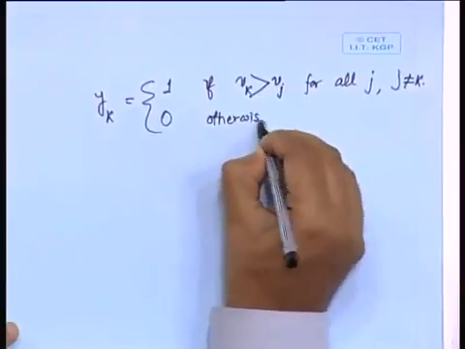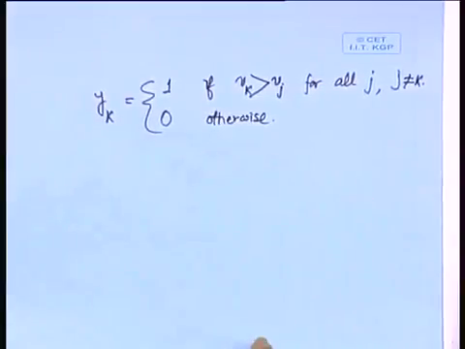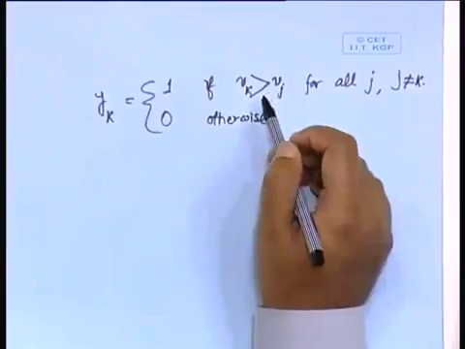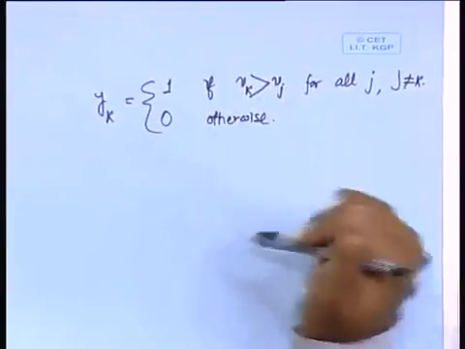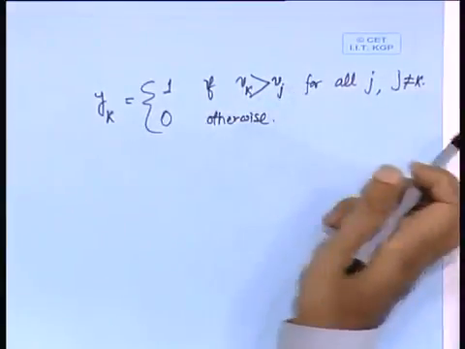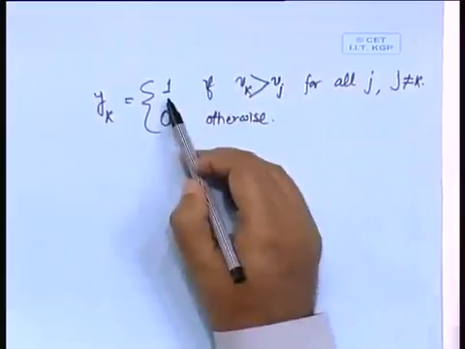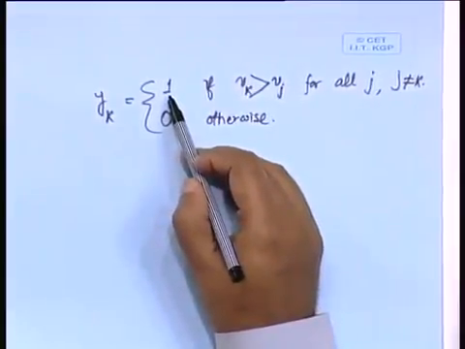This mathematical definition is not at all difficult to follow. It just follows from the definition of the competition itself. If Vk happens to be the highest amongst all the neurons, then that is going to be the winner, and its output yk is going to be 1.